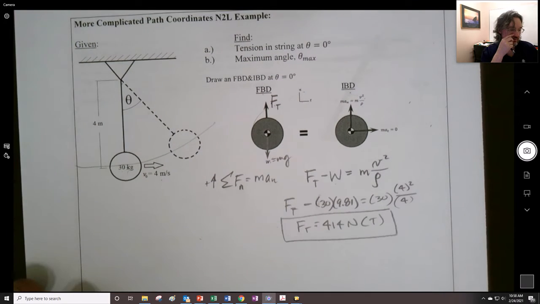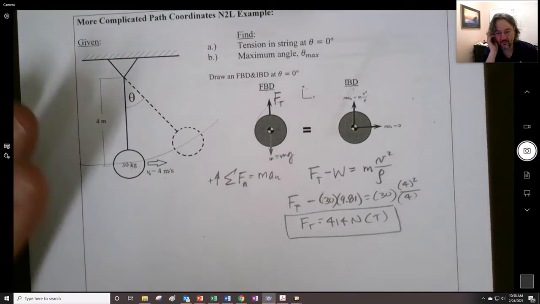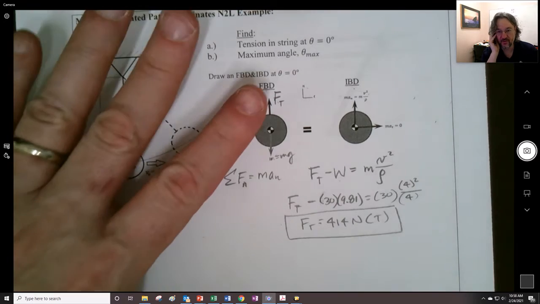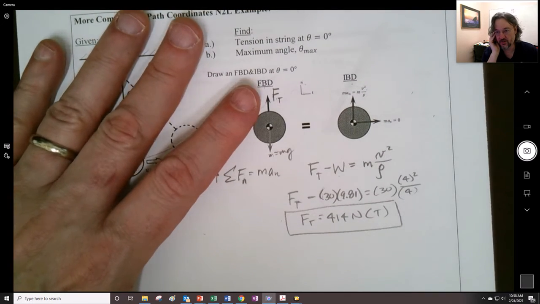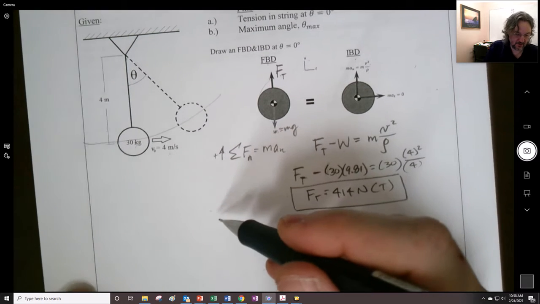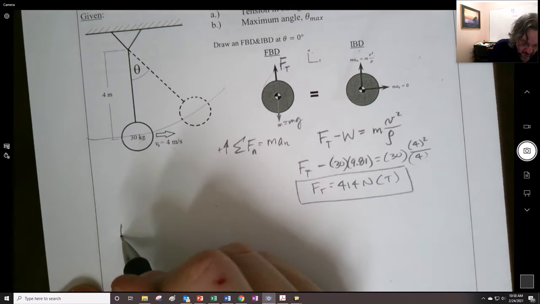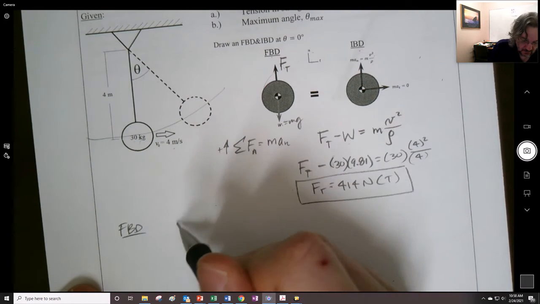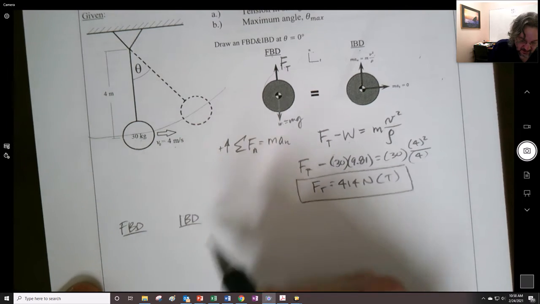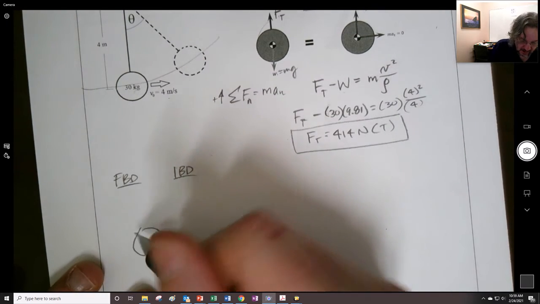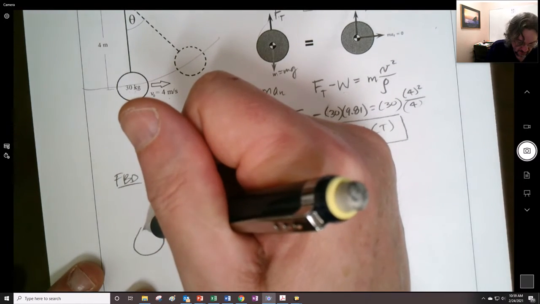This happens with many problems involving a pulley, or something where we don't know an angle: we draw it at an arbitrary angle. So let's draw our FBD and IBD of this thing at some arbitrary angle, and it's best not to use 45 degrees.